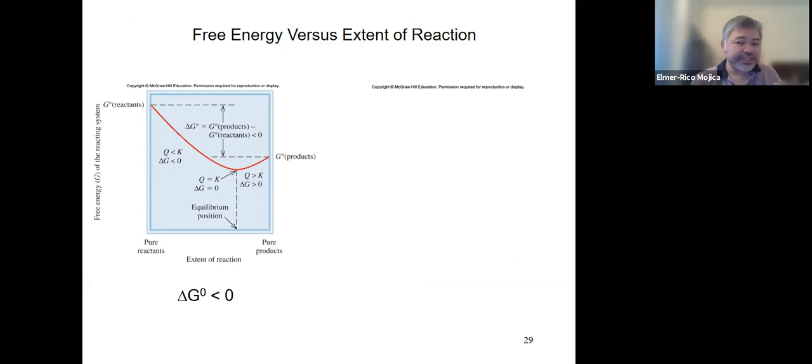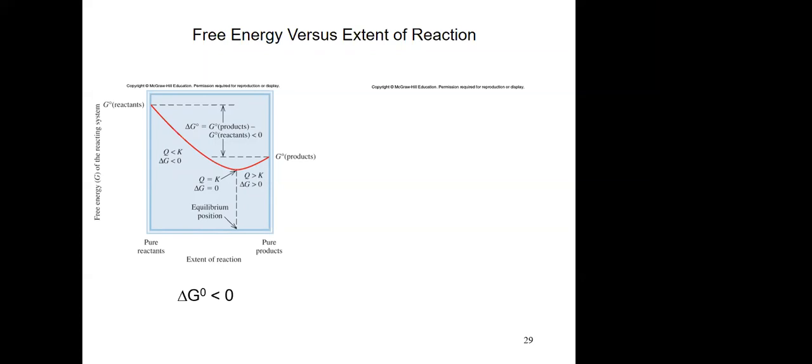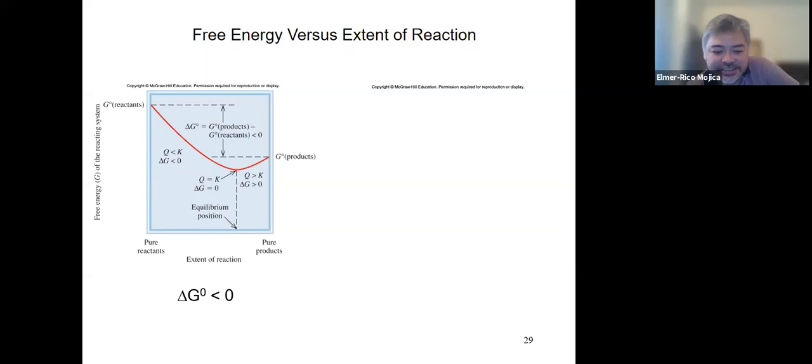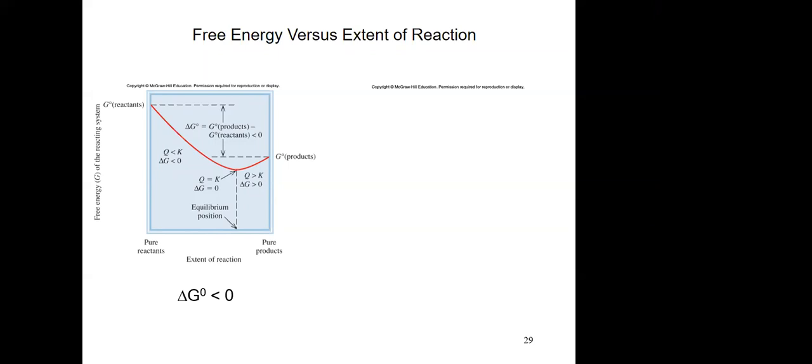Maybe you can use that energy to do work, or you're going to need that energy to do work. So when delta G is less than 0, is that spontaneous or non-spontaneous? Spontaneous.